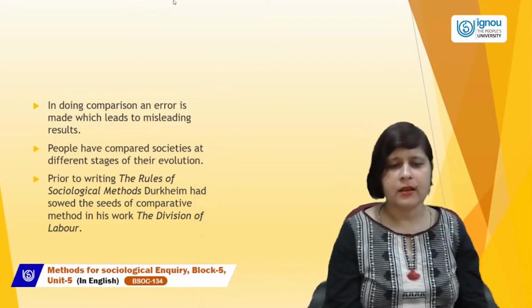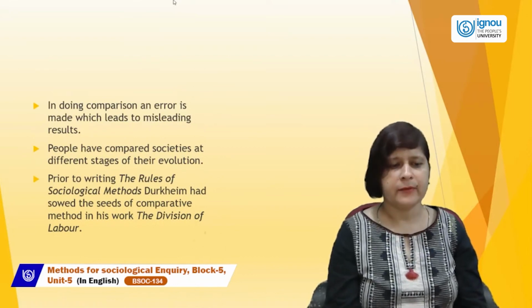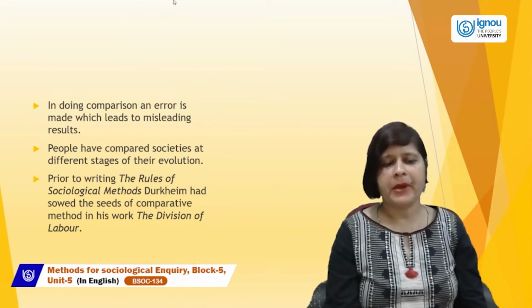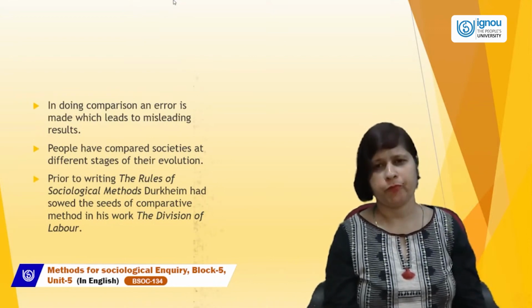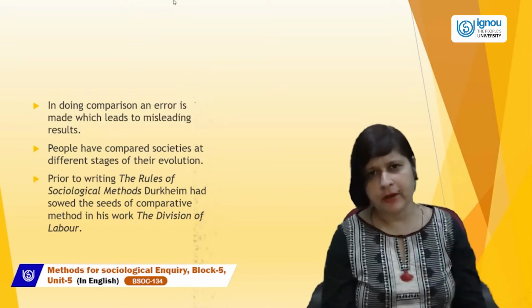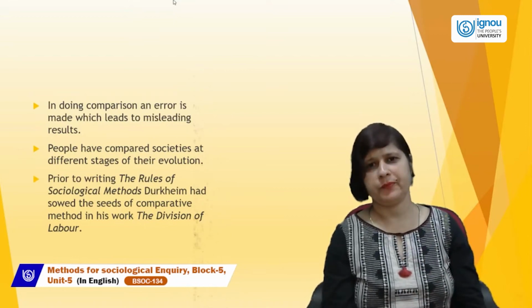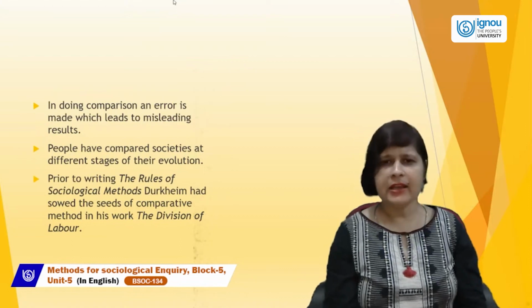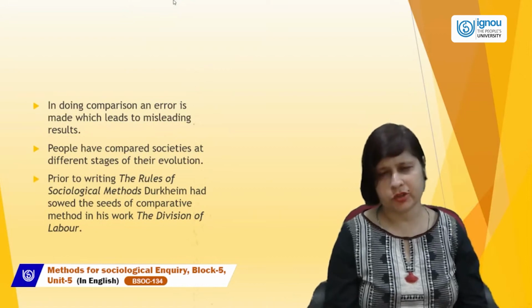Prior to writing The Rules of Sociological Method, Durkheim had sowed the seed of the comparative method in his work, The Division of Labor. In The Division of Labor, he used the comparative method, and then he wrote The Rules of Sociological Method.